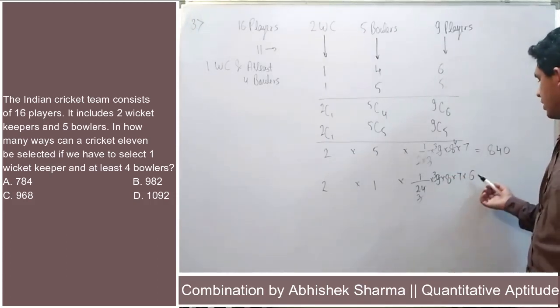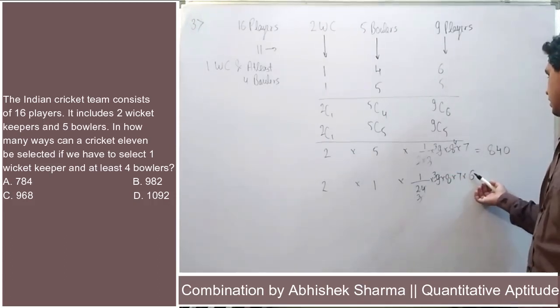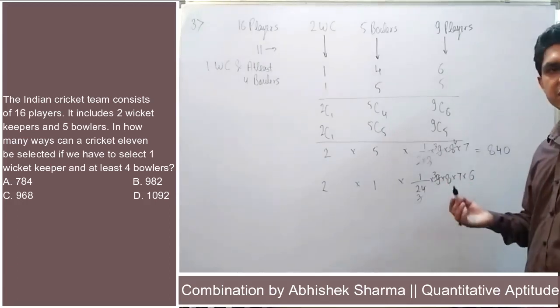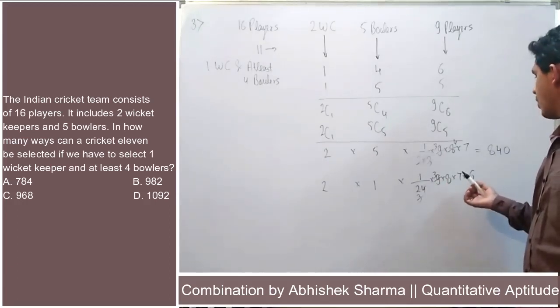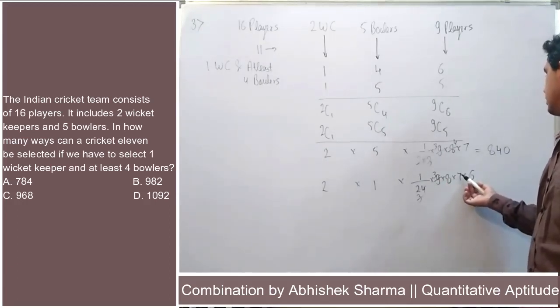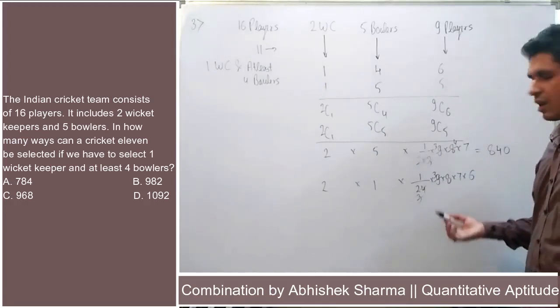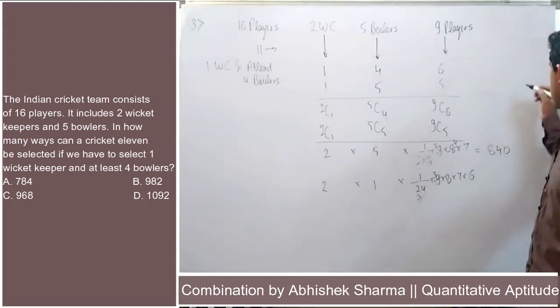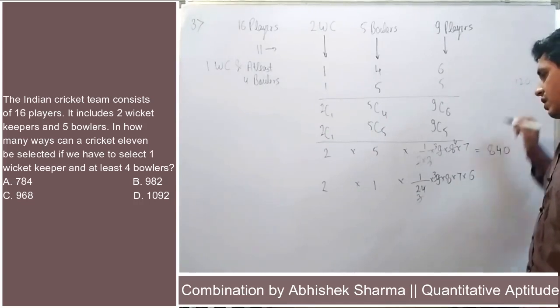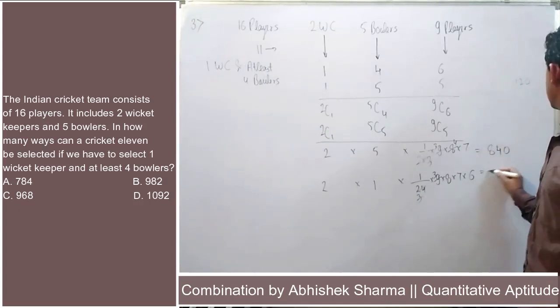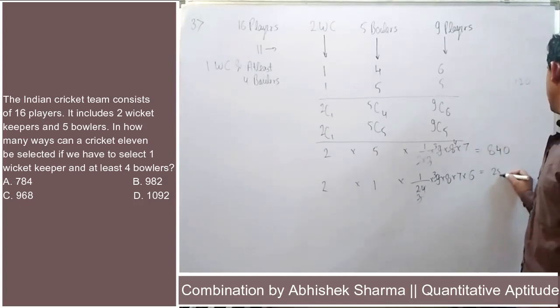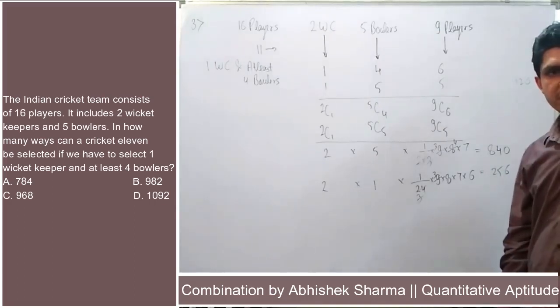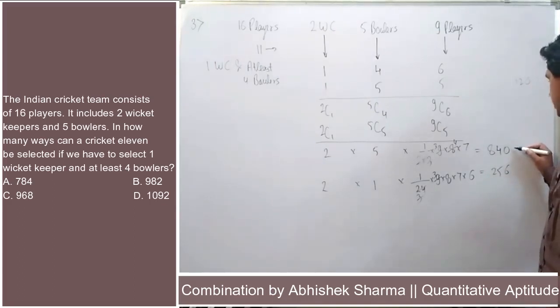So when solving this, it can be written 6 multiplied by 3, 6 3s are 18, or we can write 7 3s are 21, we get 126, and multiplied by 2, so this will be 256.